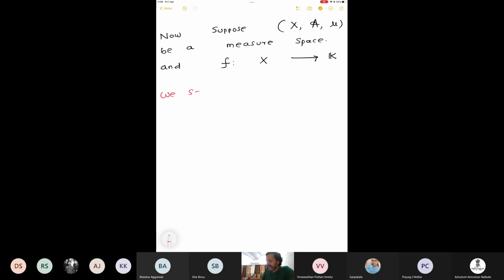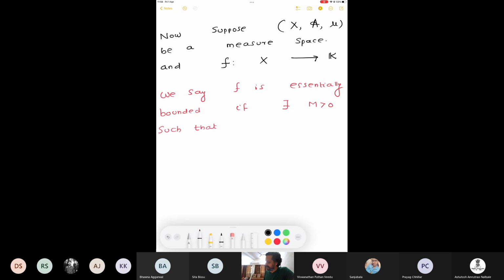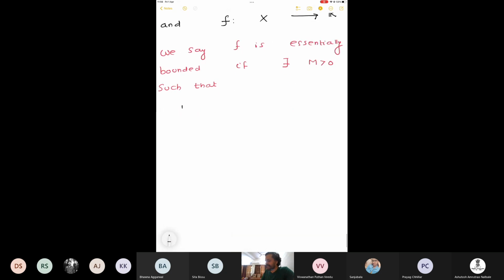We say f is essentially bounded if there exists M greater than 0 such that modulus of f of x is less than or equal to M, not for all x, but almost everywhere on X. So where it is violated is of measure 0.